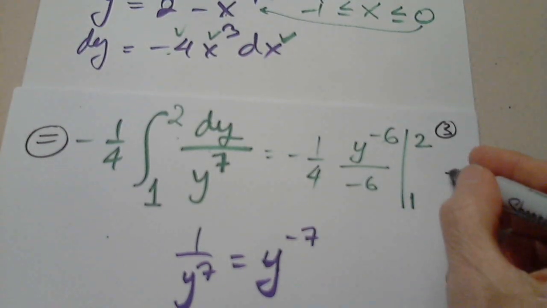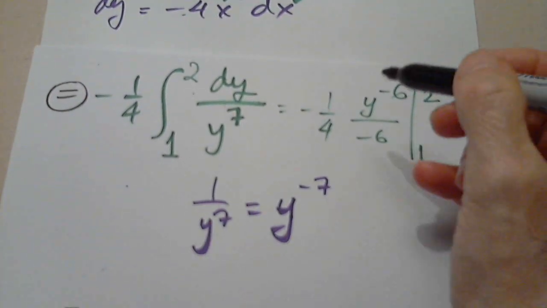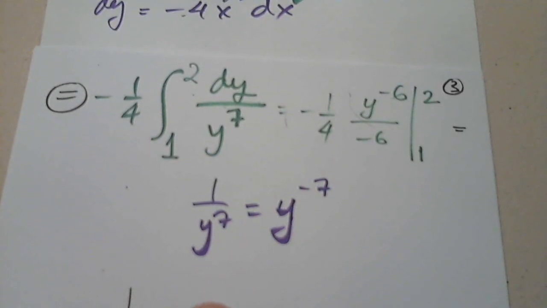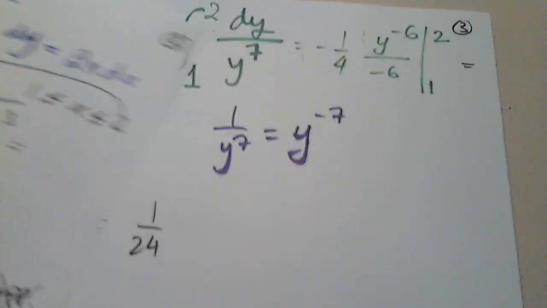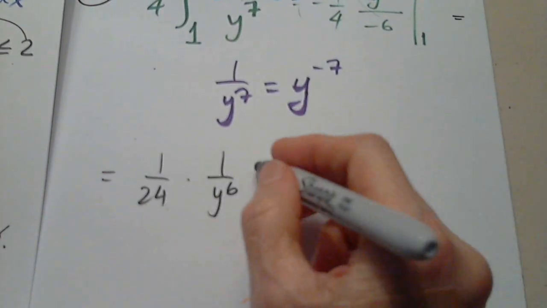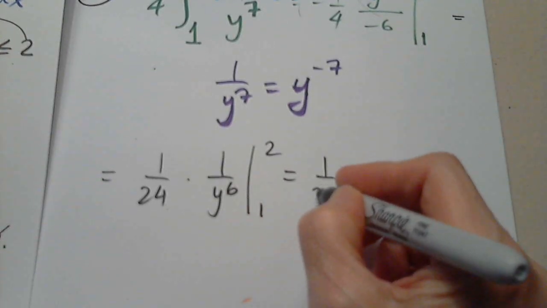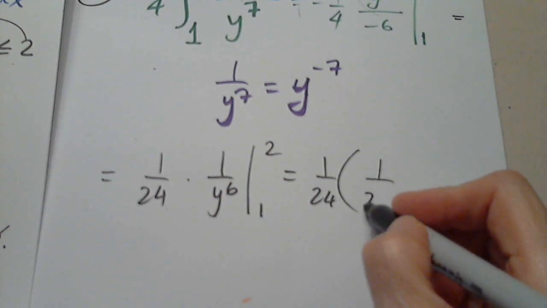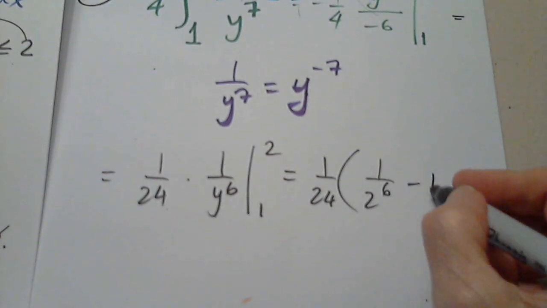So therefore, we continue. This is what I'm going to do. I'm going to put 1 over 24 in front, and then I write 1 over y to the 6th from 1 to 2. 1 over 24 can wait outside patiently. I put in 2: 1 over 2 to the 6th. When I plug in 1, it's 1.